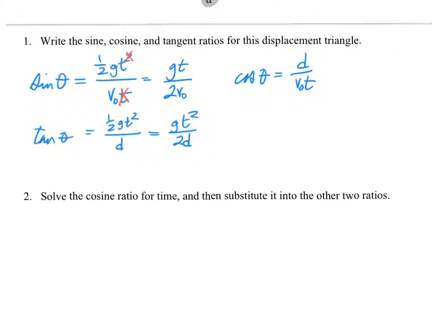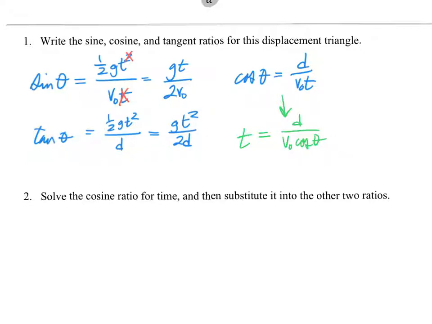So then this next problem wants us to solve the cosine ratio for time and substitute it into the other two ratios. So if I just swap the t and the cosine theta, which is the thing to do there, that's what we get.